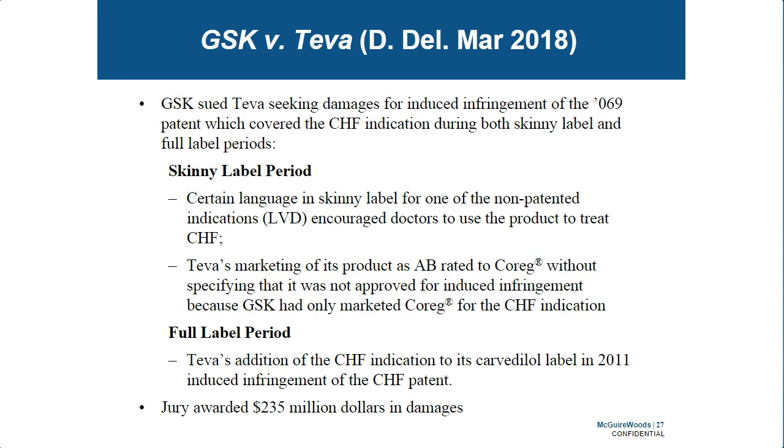And then as for the full label period, well, that's easy, because now the language regarding the CHF indication was added back to the label, and of course that would induce others to infringe that particular indication. The jury agreed with GSK and awarded $235 million in damages.